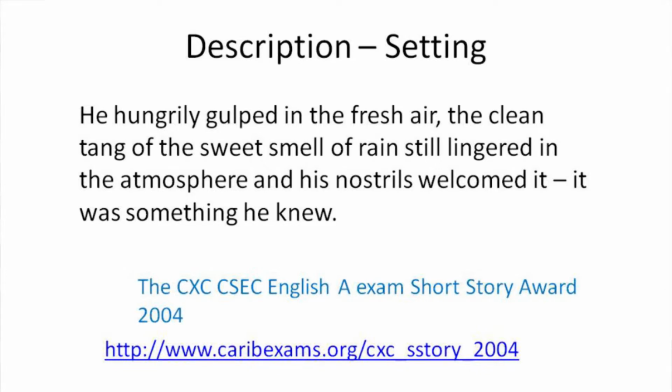The clean tang of the sweet smell of rain still lingered in the atmosphere, and his nostrils welcomed it. It was something he knew. Again, this comes from a short story that a student wrote in 2004. So you're seeing that your child can do it. Of course she can. This is someone from the age group who has described this setting.